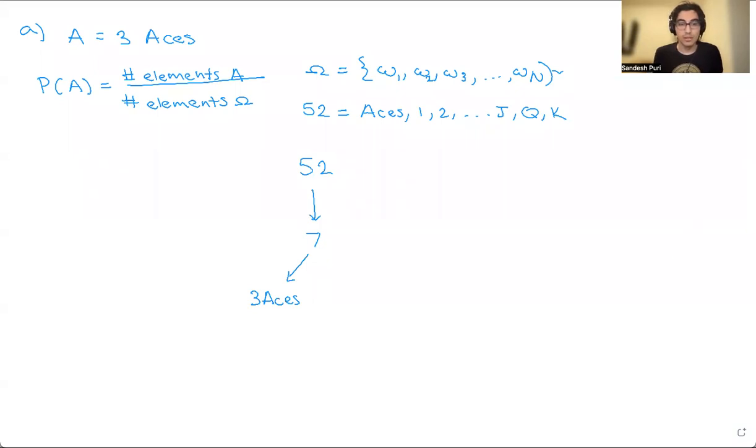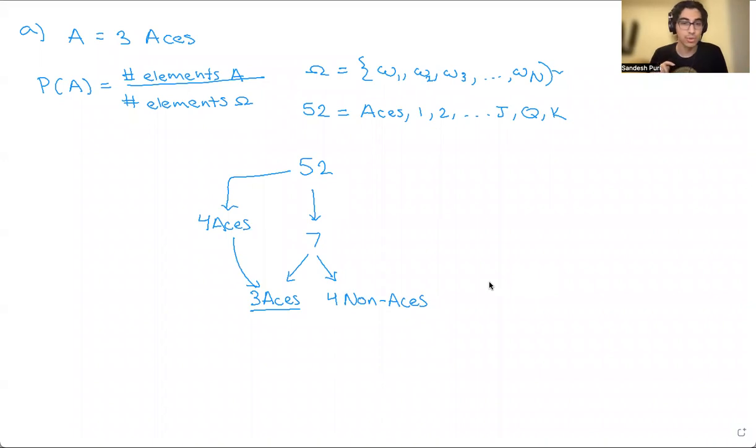So in problem A, we are selecting 3 aces out of all possible aces in the 52 card deck. So in a 52 card deck, we have a total of 4 aces. Okay, so our pool of 3 aces is coming from these 4 aces. Well, if our sample size is 7 and we pull 3 aces, the other 4 cards have to be non-aces, meaning they can be any other card that's not an ace.